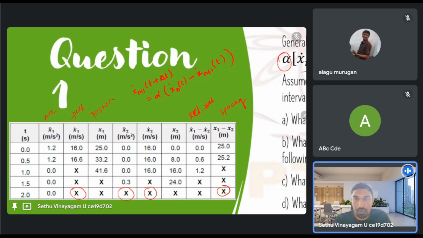So the circled cells are to be filled in. Those are the four values that we want to find.